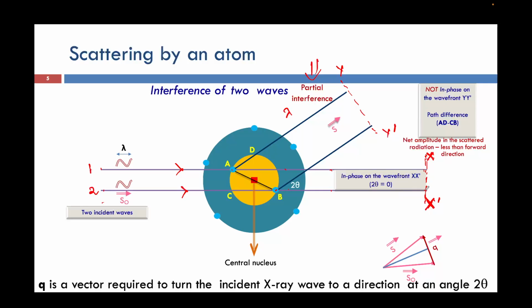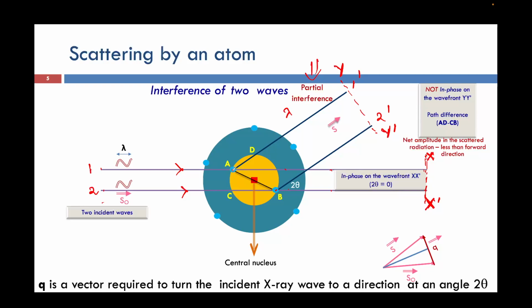However, if I put my screen or my detector in this region, that means in the y dash region, then what will happen? You can see from this wave, let's say this is 1 dash, this is 2 dash. The amount of path traveled by ray 1 dash is not the same as the amount of path traveled by wave 2 and 2 dash.